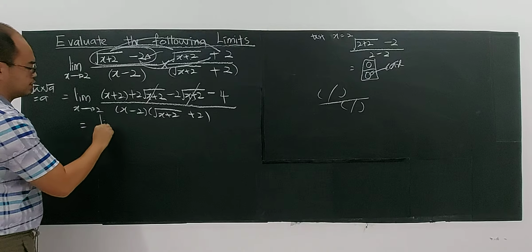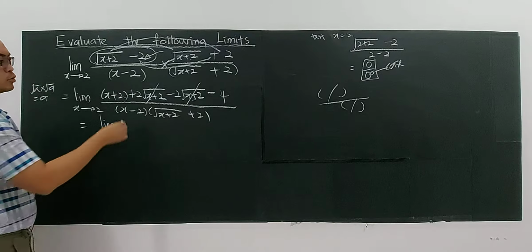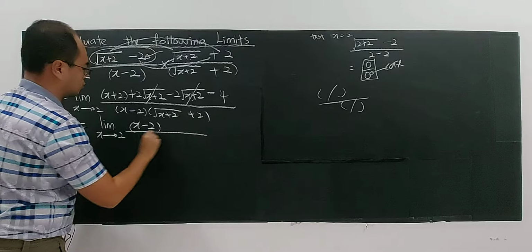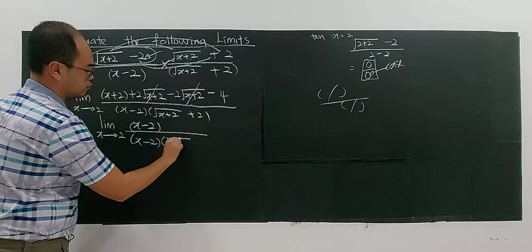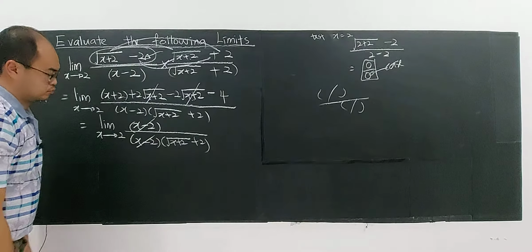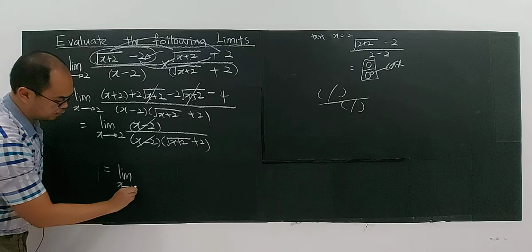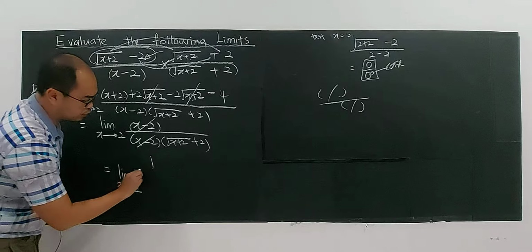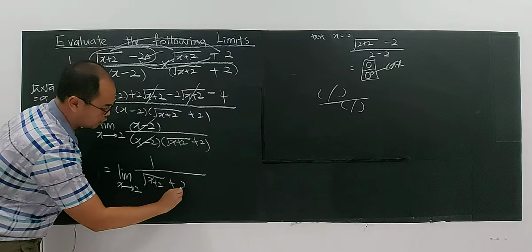So finally you have limit x approaching 2, x minus 4, negative 2. This is the factor that we want to eliminate. So finally you have limit x approaching 2, 1 over square root of x plus 2 plus 2.